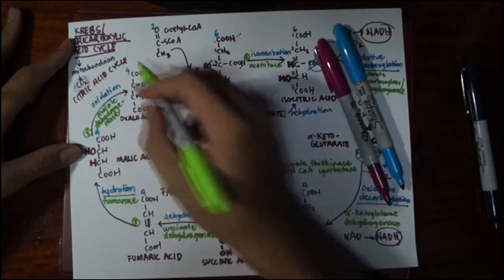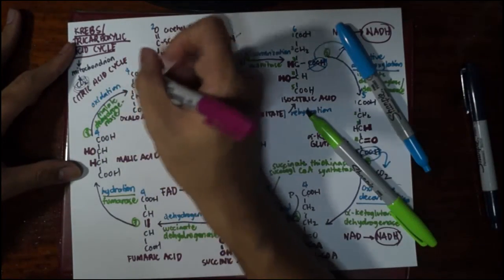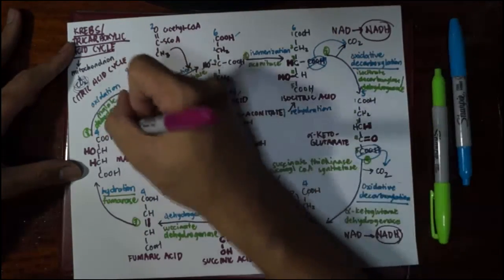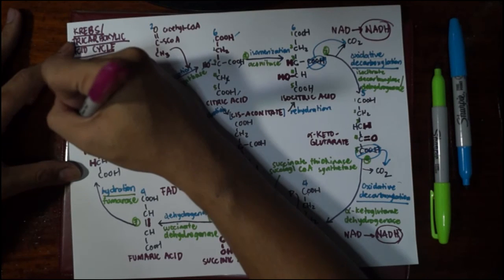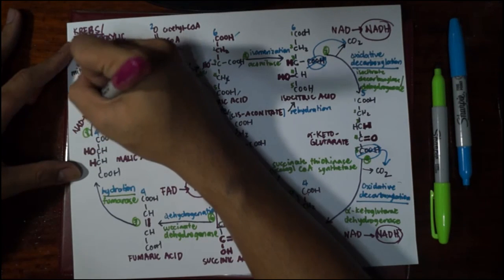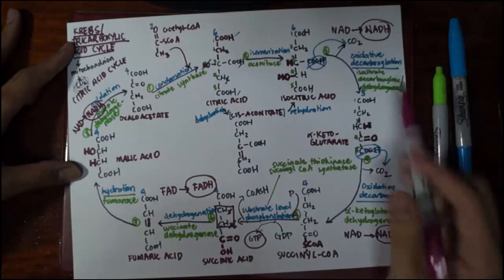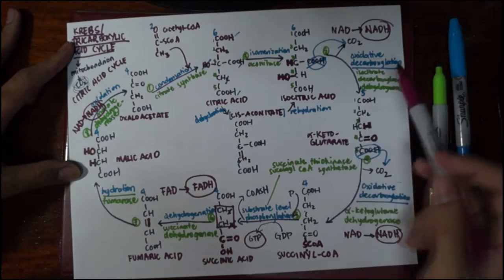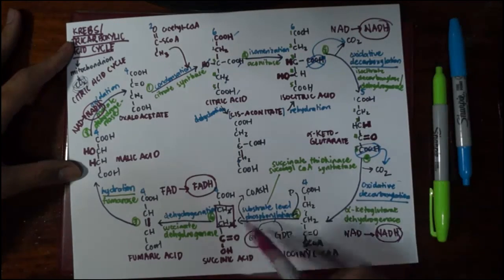So that's what it did, oxidize the OH to double bond O. And in this particular step, even though there's no release of carbon dioxide, there is creation of NADH out of NAD.